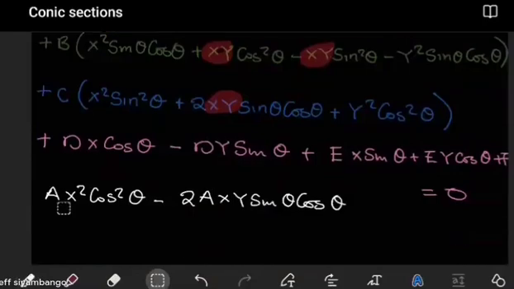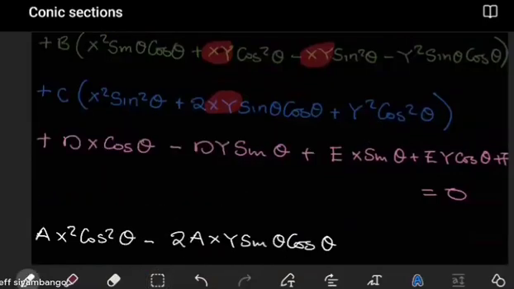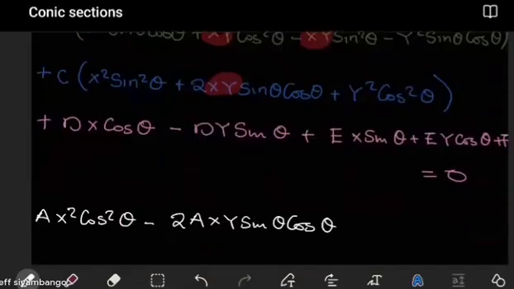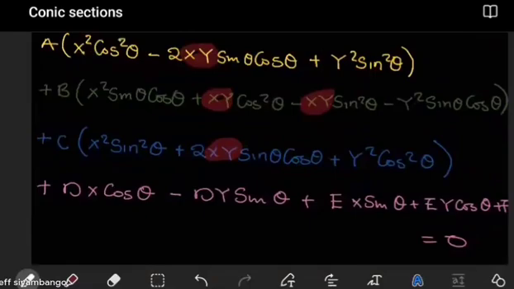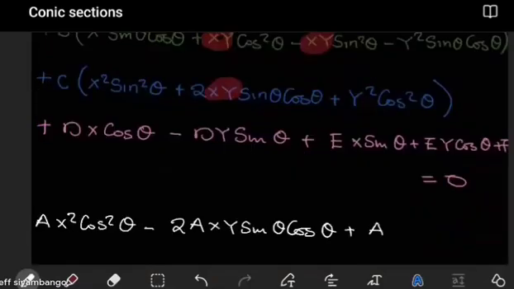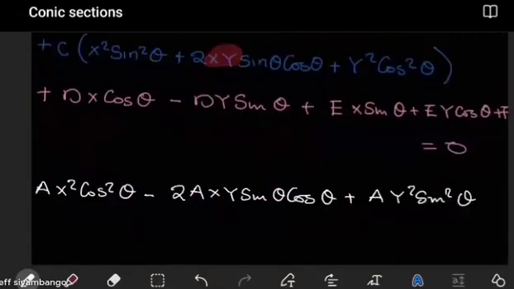Let's move this down a little. And then we'll have plus the A again, A y squared sine squared theta. And then we'll have plus.